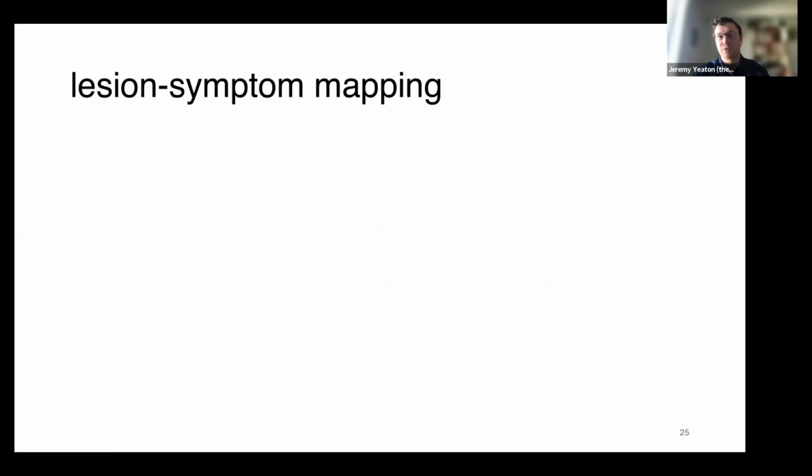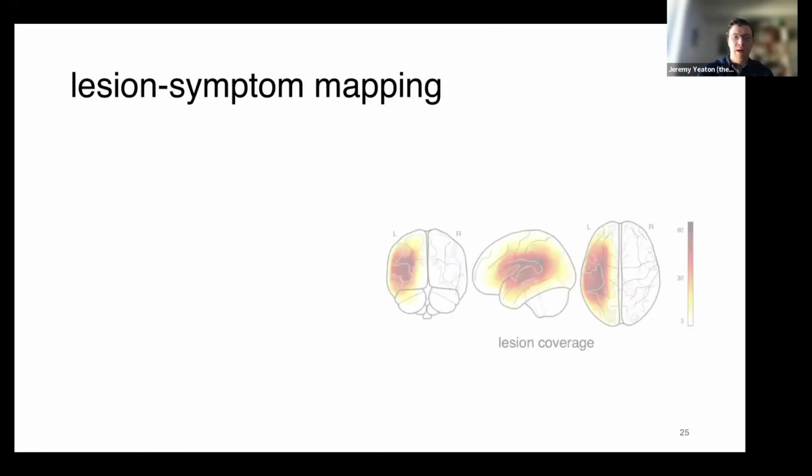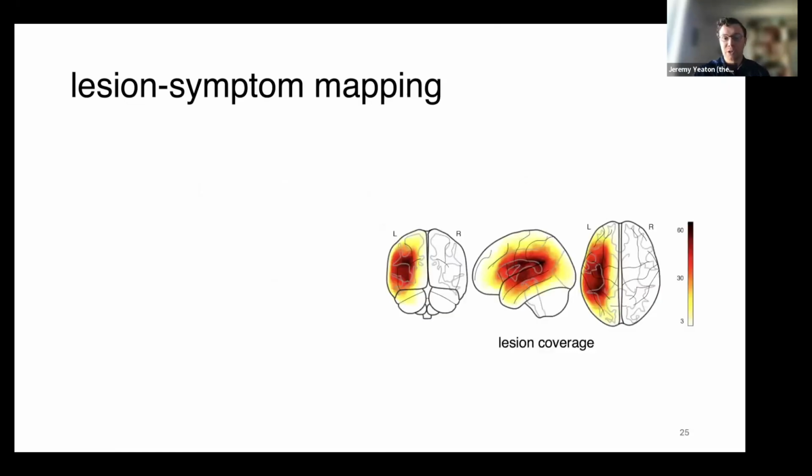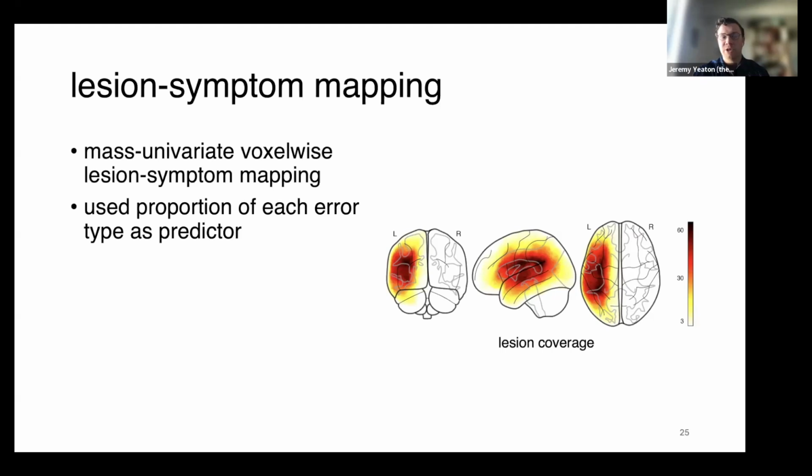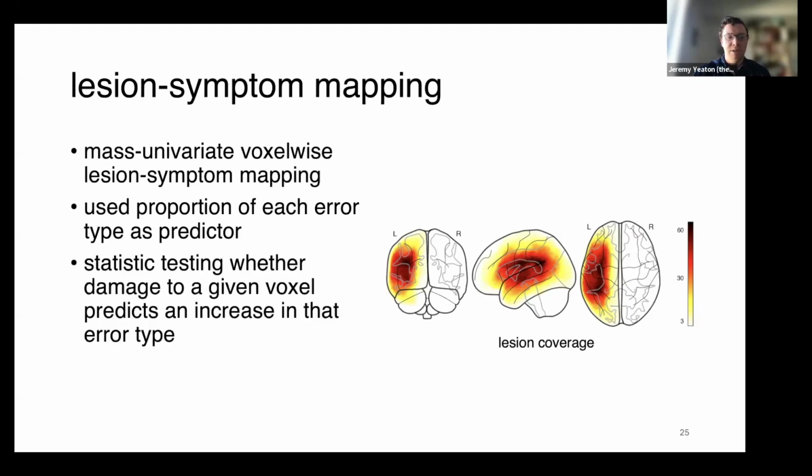So then our next question was, do these different error codes capture anything real at a neural level? We have pretty good lesion coverage across the left hemisphere, and we used a mass univariate voxel-wise lesion symptom mapping approach. We used proportion of each error type as our predictor. So the question is then, does damage to a given voxel predict an increase in that error type?